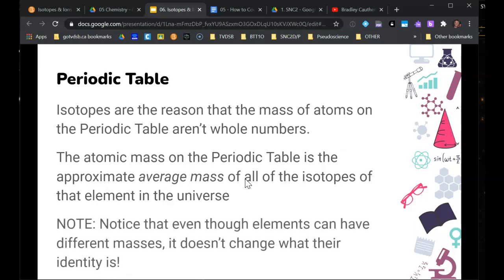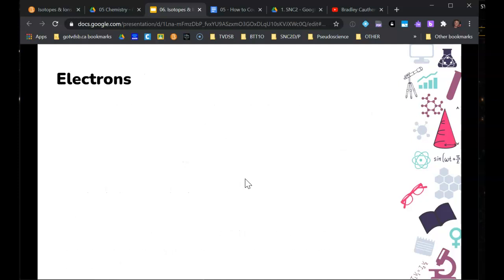All right? Now, we keep talking about different carbons. So carbon-12, carbon-13, carbon-14. Notice every one of them is carbon. So we can change its mass, we can change the number of neutrons, but we don't change what it is. It is still carbon. Okay?